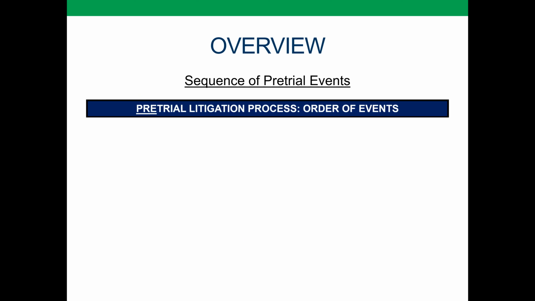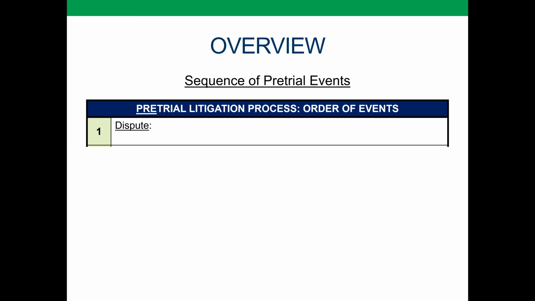Okay, I said I'm giving you a bird's eye view. I now want to give you a very short chronology of the main events in the pre-trial litigation process. So first, as I mentioned, there's going to be some dispute between the parties. Some event occurs that causes harm or a threat of imminent harm to one of the parties, and they can't work it out.